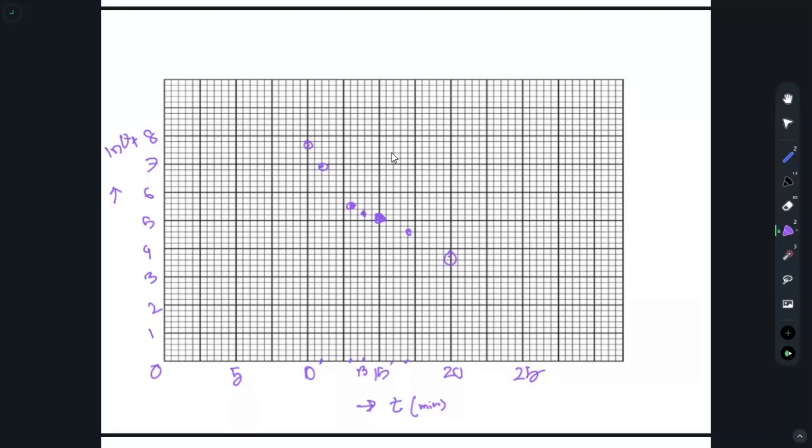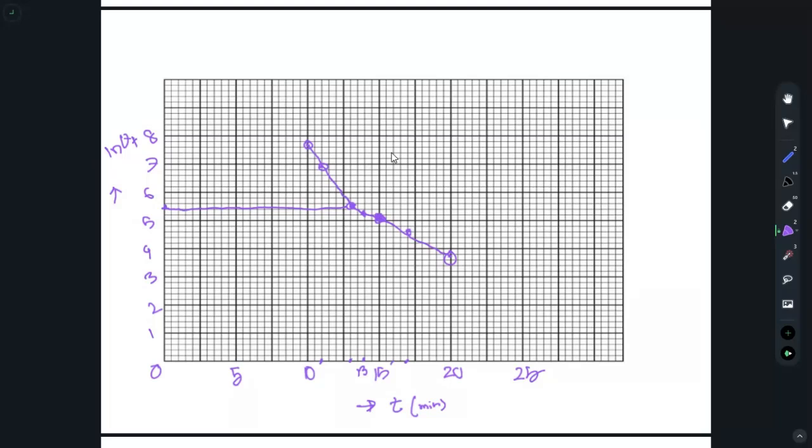So from here, you can see that the first straight line will go like this, and the second straight line will go like this. We have a slope separation somewhere over here, so let's say the value is 5.5.